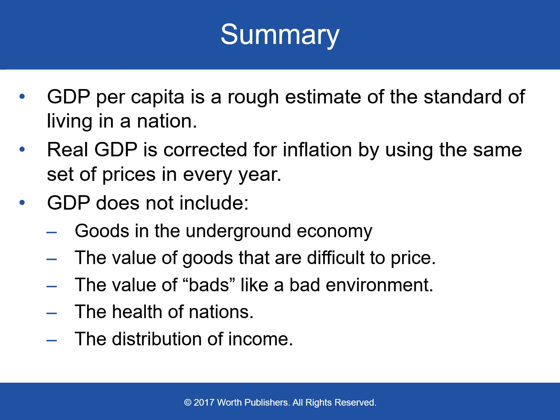And I should add one postscript that isn't in the book, is that some people have tried to create alternative measures of national welfare by including things like the distribution of income and health. And that's a worthy endeavor, but it's very difficult to create a consistent standard method of measuring those things that will work across different countries.